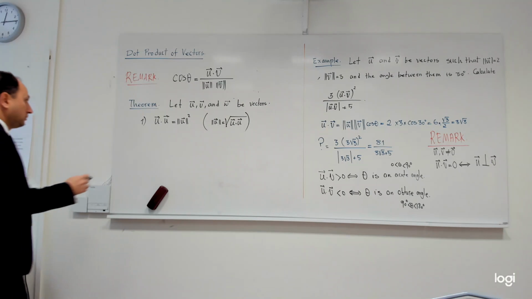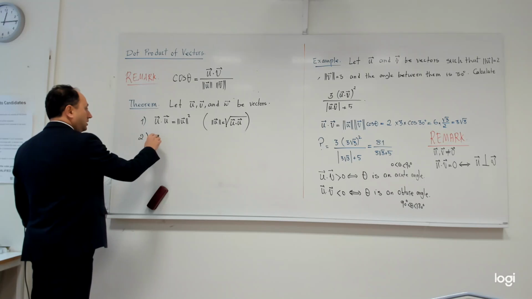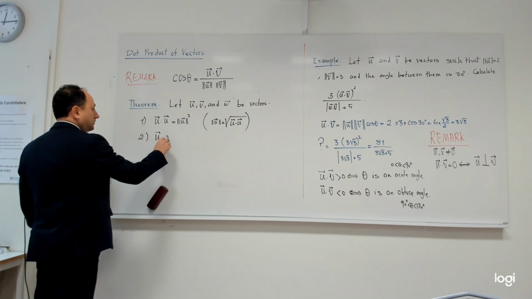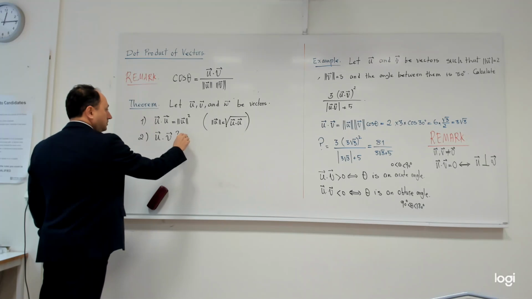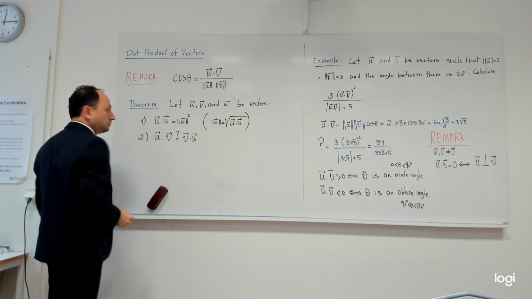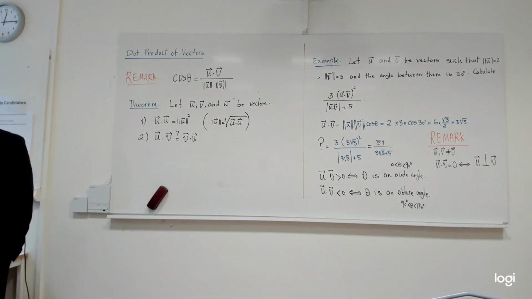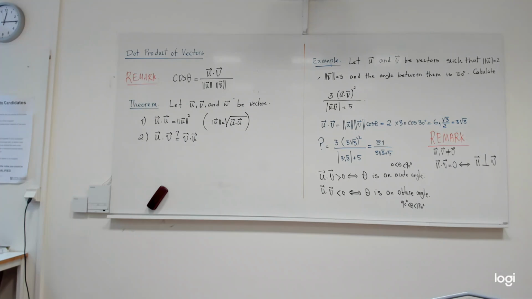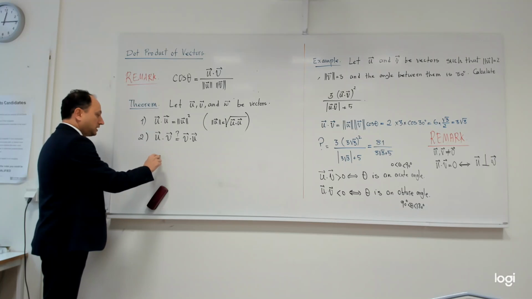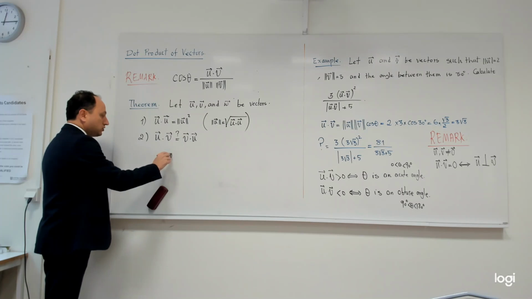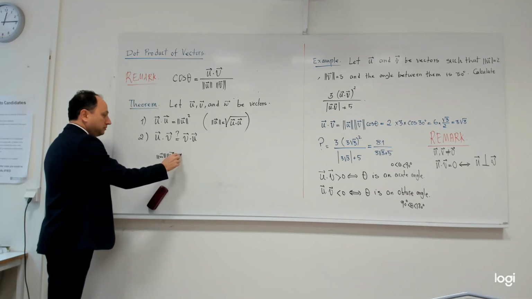Let us think about what it means. It means that if I multiply U from the left, would it be the same if I multiply it from the right? The answer is yes, because this means the norm of the first one, the norm of the second one, and the cosine of the angle between them.